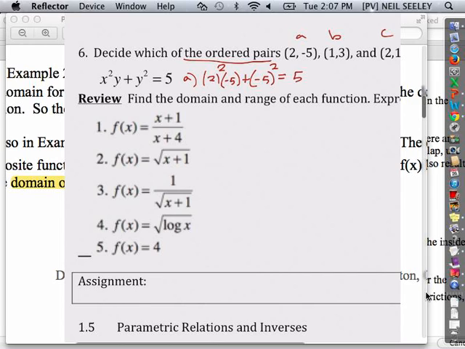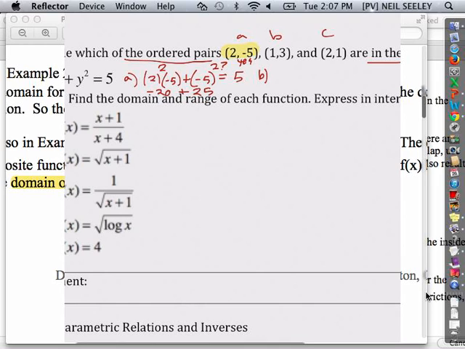Is it? So the big question is, is that 5? This is negative 20 plus negative 5 squared is 25. Yes. It works. I get 5. Total yes. Works.